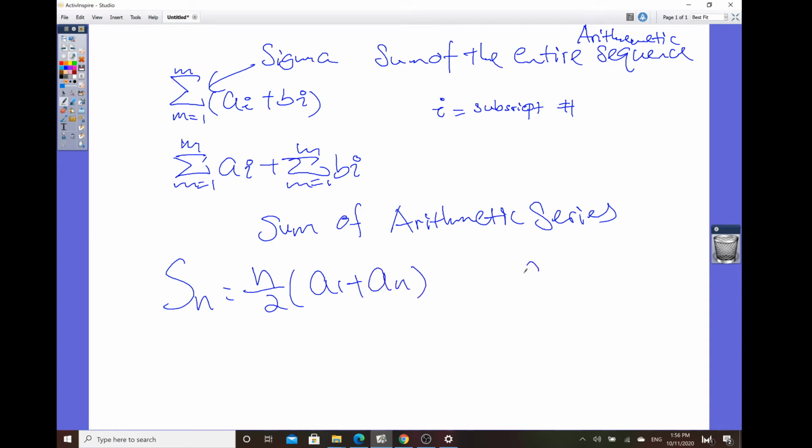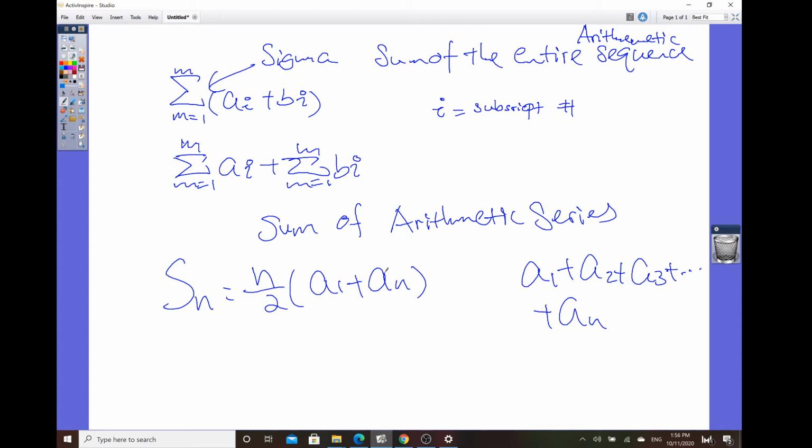Let's say you want to add those terms together, a sub 1, a sub 2, a sub 3, and so on, all the way to a sub n. The way to find the sum is simply by using that n over 2 times a sub 1 plus a sub n formula.